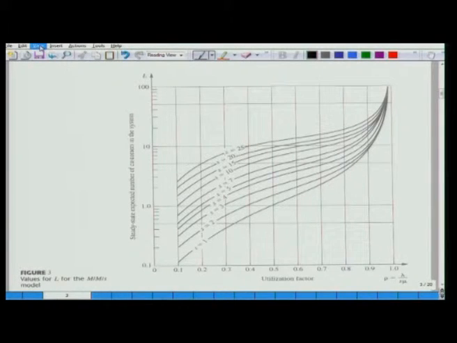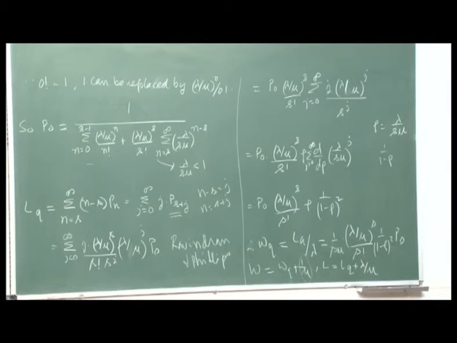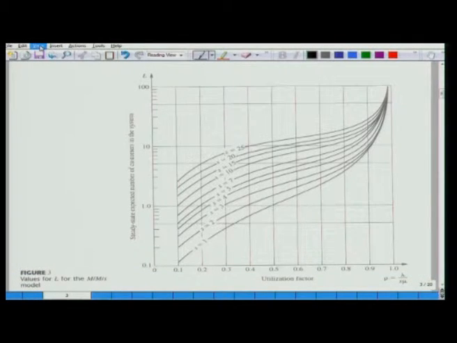The conclusions are the ones that you expect, but the graph lets you accurately find out the expected number of people in the system for different values of rho and numbers of servers, without computing P naught.